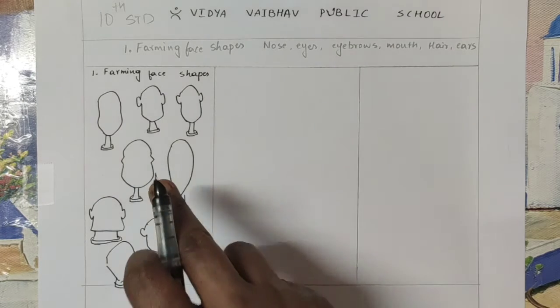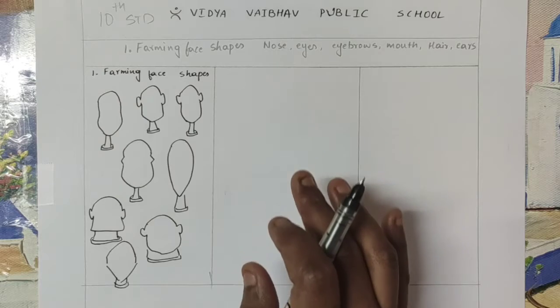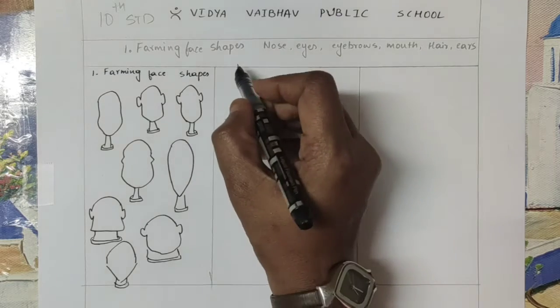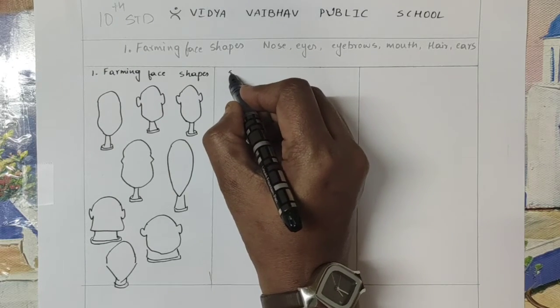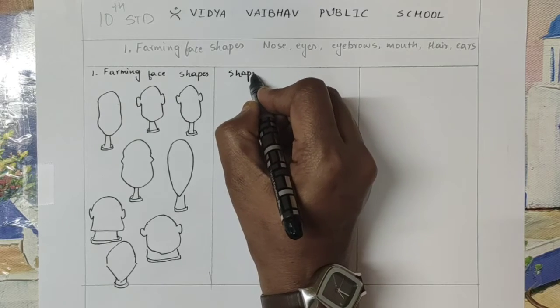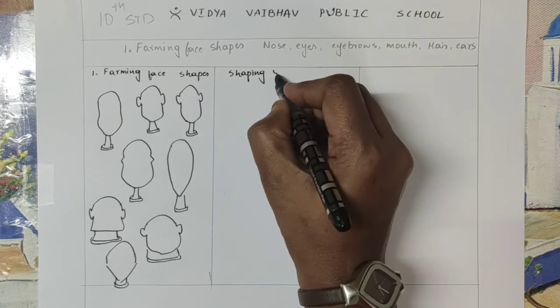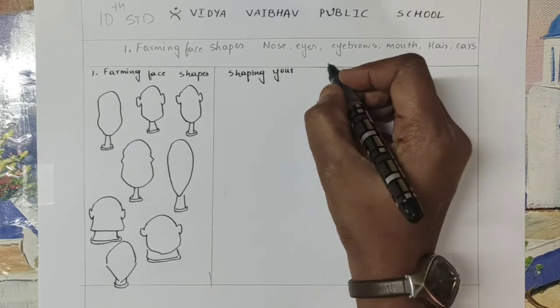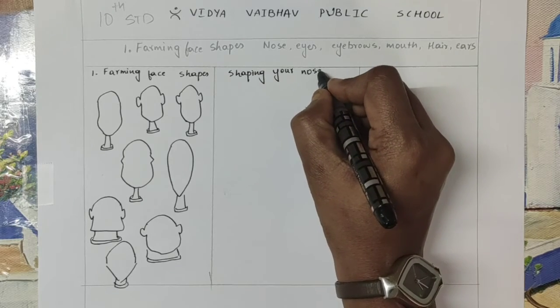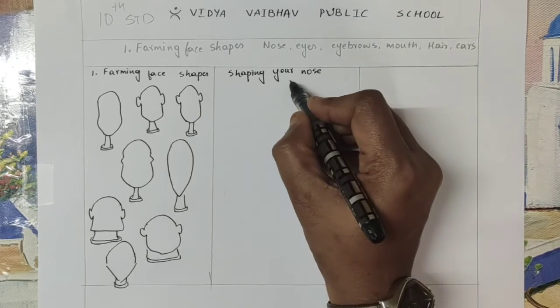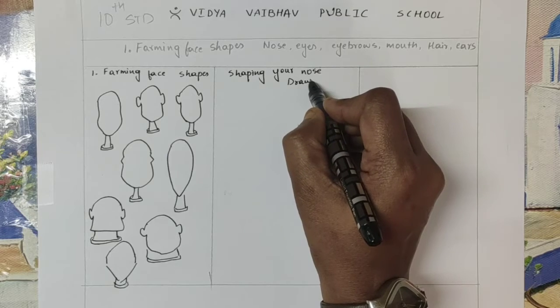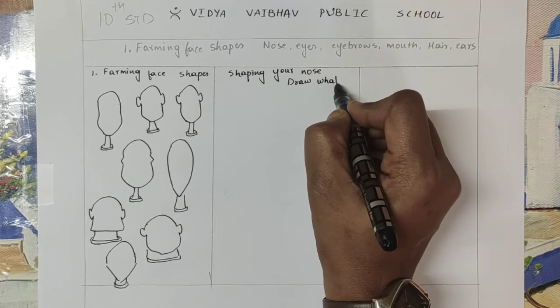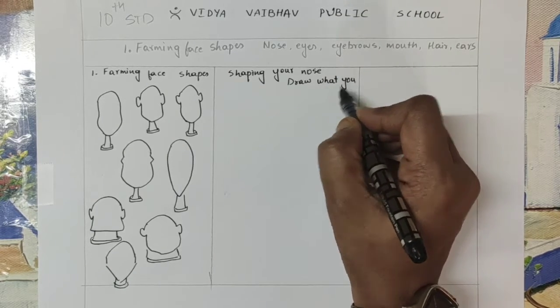Okay, forming faces we completed. We'll go for nose. It's like shaping your nose. Always draw what you see.